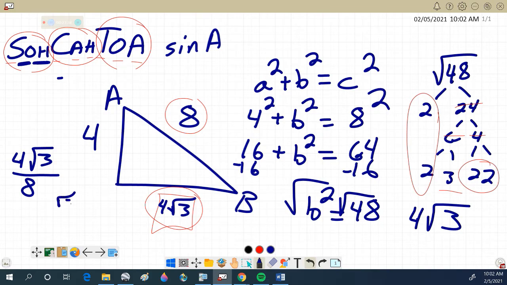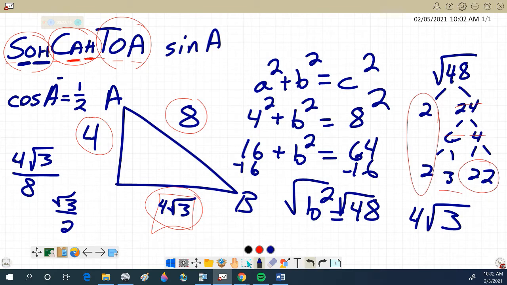So it's just root 3 over 2. Okay. What about the cosine of A? What will the cosine of A equal? So A would be 4 and H would be 8. So 4 divided by 8 becomes 1/2.